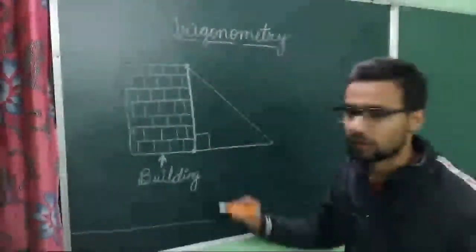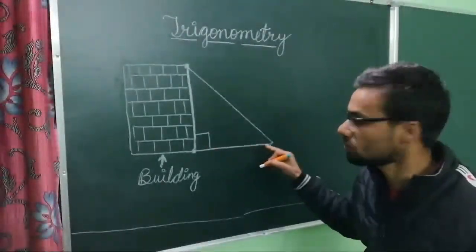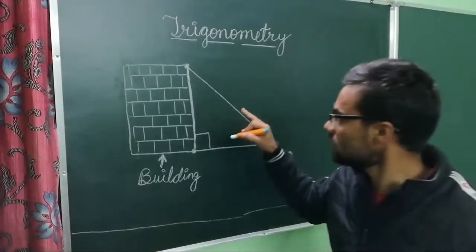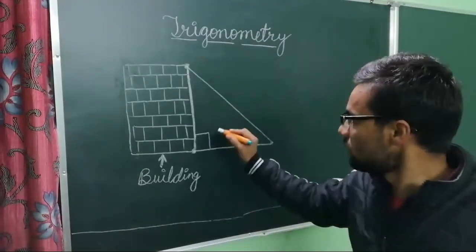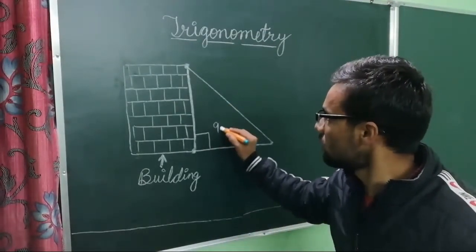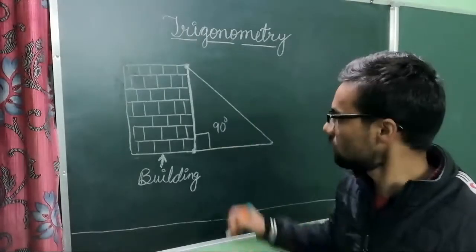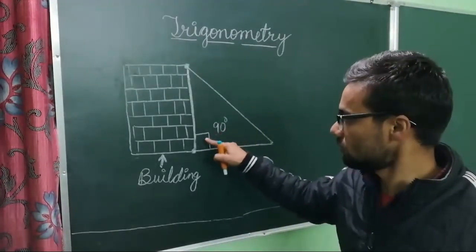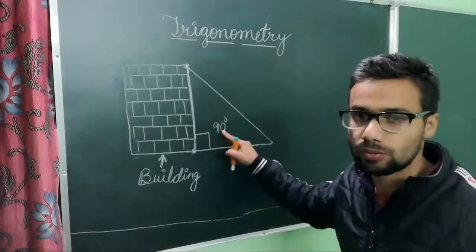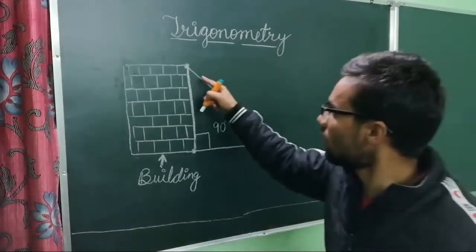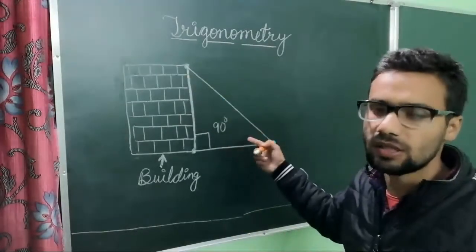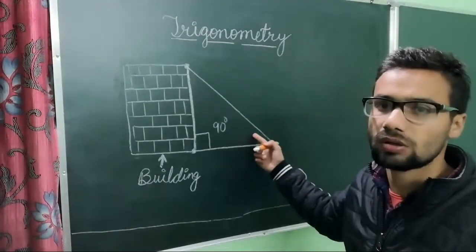A right angle triangle. Right angle triangle means one angle should be 90 degrees and the other two angles must be acute angles.